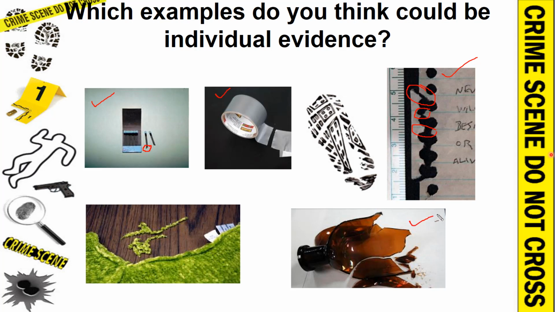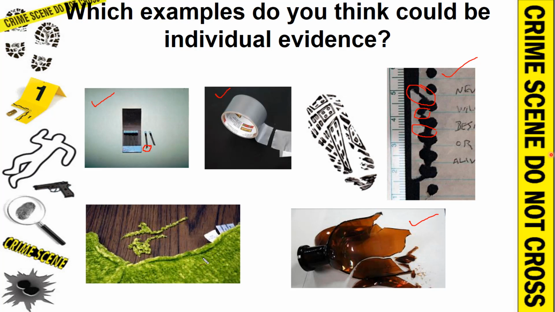So this one's going to have unique fracture patterns, and it's going to be individual evidence. And I can't really tell where these fibers came from off of this article of cloth. If they were cut, we might be able to match them up, but chances are we'd have too hard of a time. So that one would be another gray area.